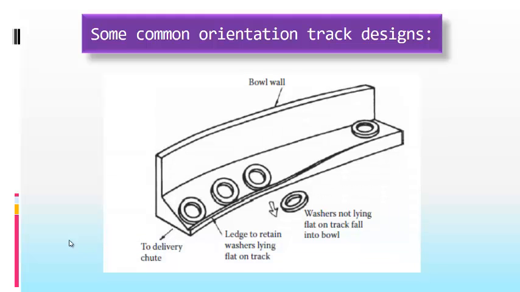Here is another way where he used a ledge track. He used two devices actually here. He narrowed and inclined the track, and he used a ledge track to stop washers from falling down.